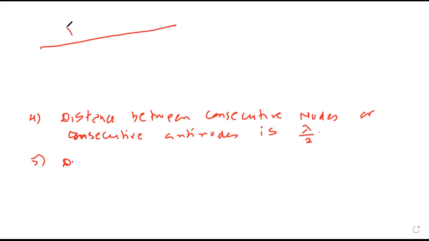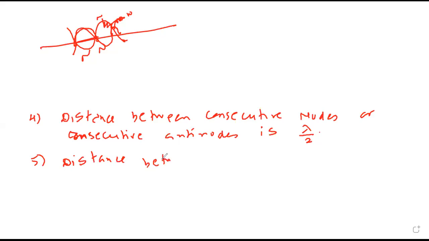See, this was a node, this was a node. What is the distance? Half wavelength, so lambda by 2. Similarly, between a node and the next antinode, this is lambda by 4. So the distance between consecutive nodes or consecutive antinodes is lambda by 2.